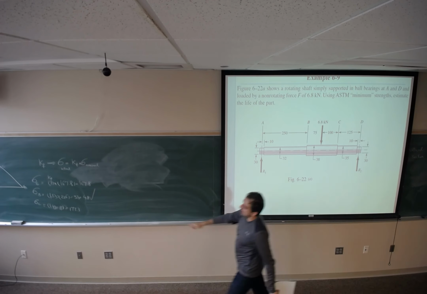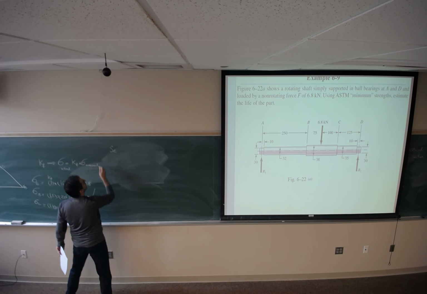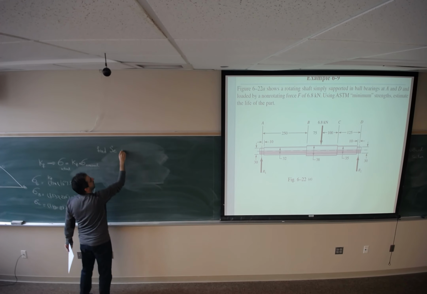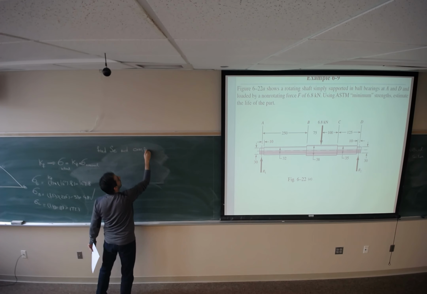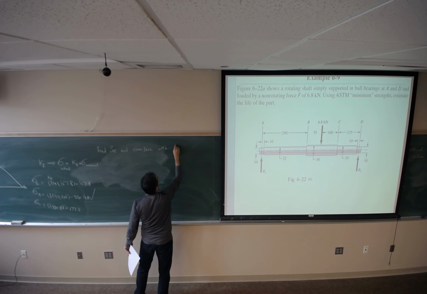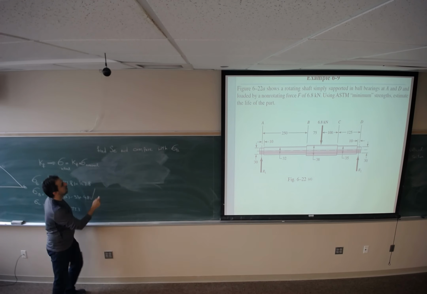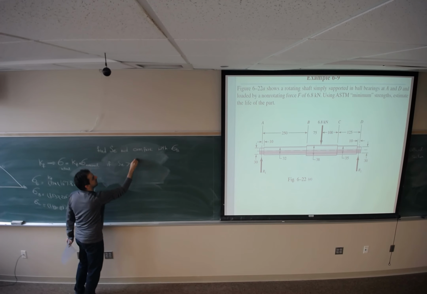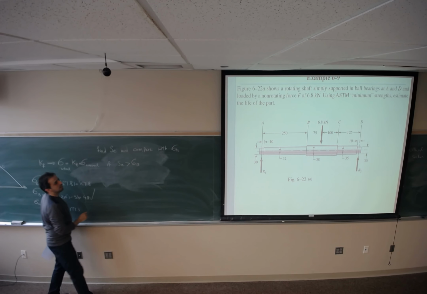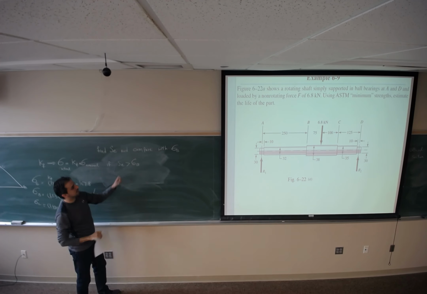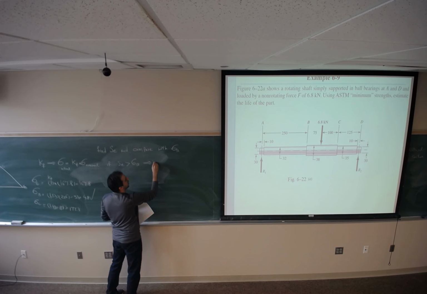I need to find SE, the endurance limit, and compare it with sigma B. If the endurance limit is greater than sigma B, meaning the maximum normal stress applied to section B is less than the endurance limit, then we have infinite life.